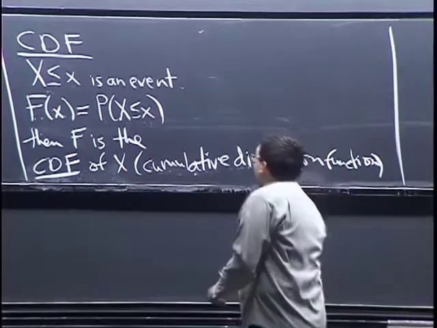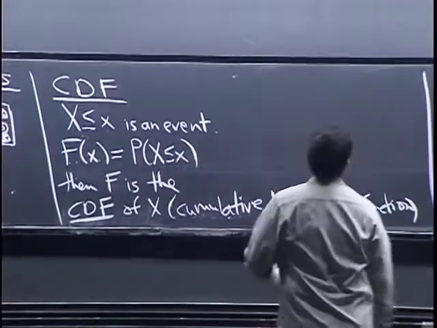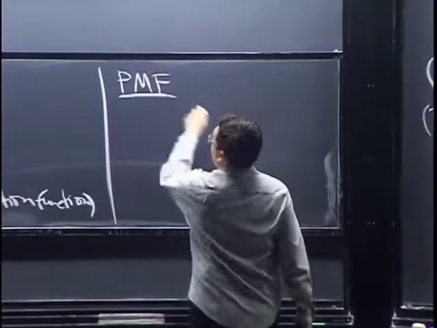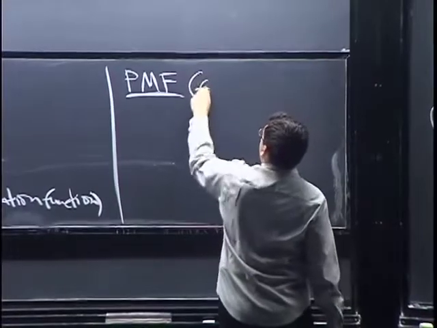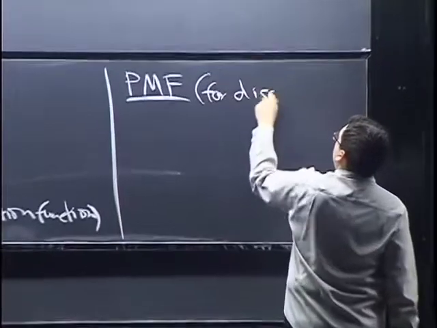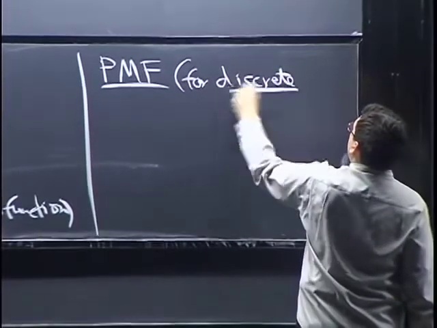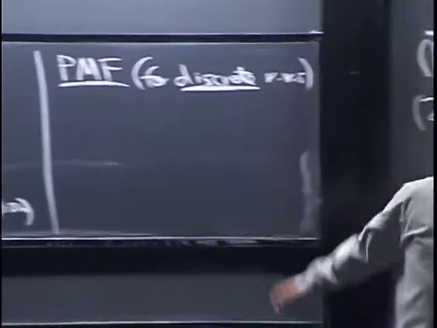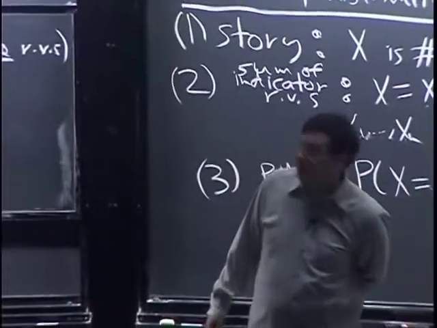And let's talk more about the PMF, probability mass function. This is only for discrete random variables. So I have to tell you what the difference is between a discrete random variable and a continuous random variable.